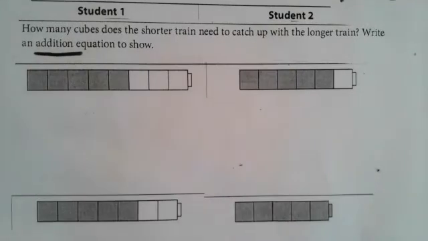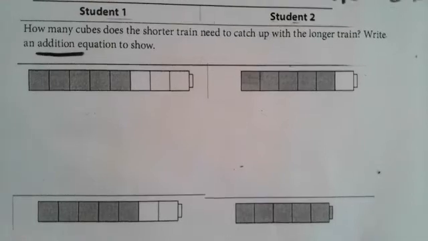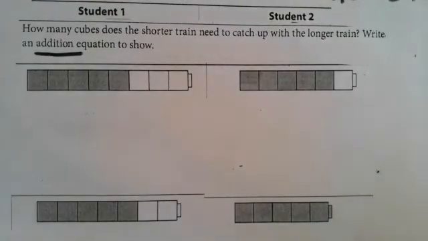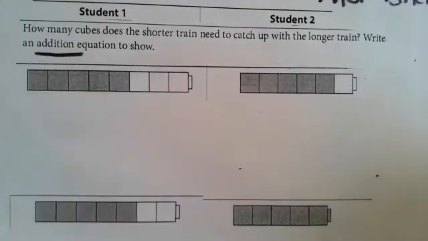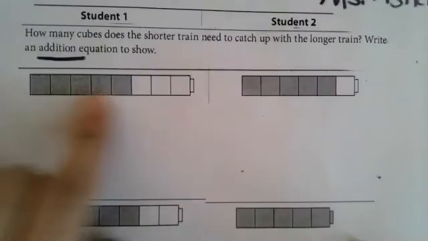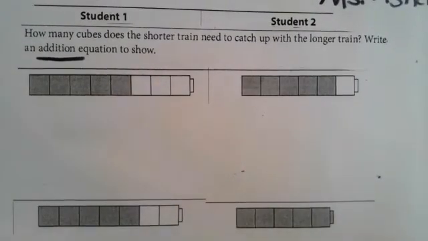Which table group is going to be done first? Oh, nice. I see red group, I see blue group. How many cubes are in this train? Oh, olive green group's hand is up. Green group, how many Unifix cubes are in this train?